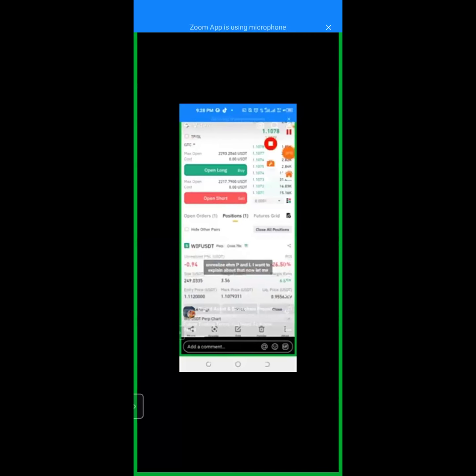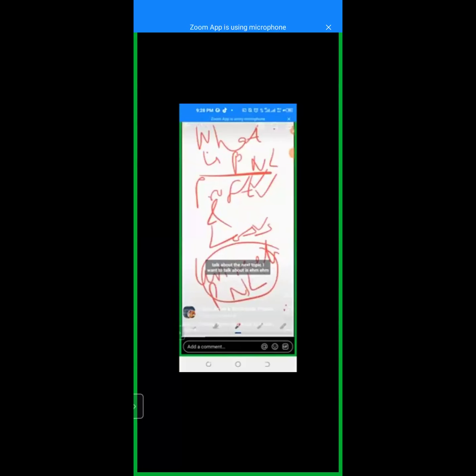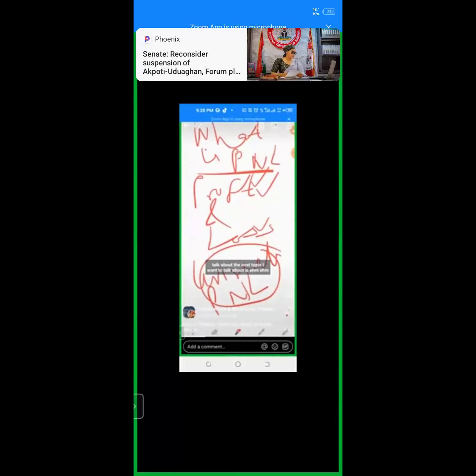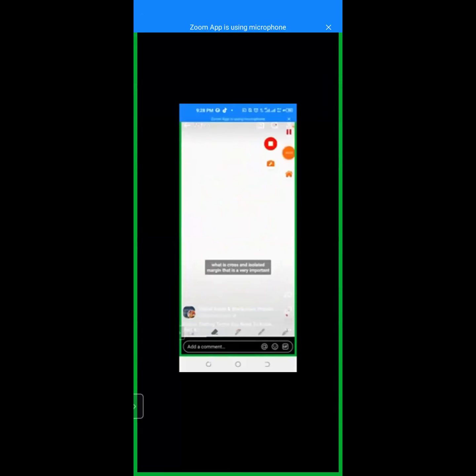Now, the next topic I want to talk about is what is cross and isolated margin. That is a very important topic. All these things took me years, it took me months.